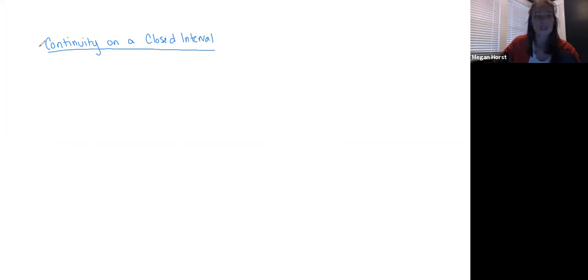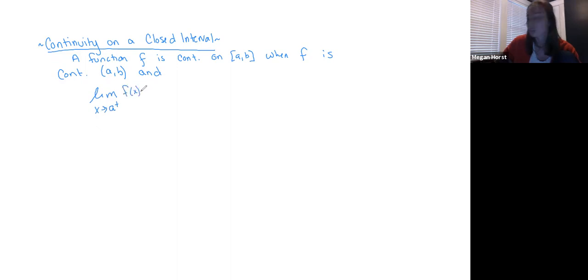For continuity on a closed interval, we have a function f is continuous on [a, b] if f is continuous on the open interval (a, b), so that's following the previous theorem, and the limit as x approaches a from the right of f of x equals f of a, and the limit as x approaches b from the left of f of x equals f of b.